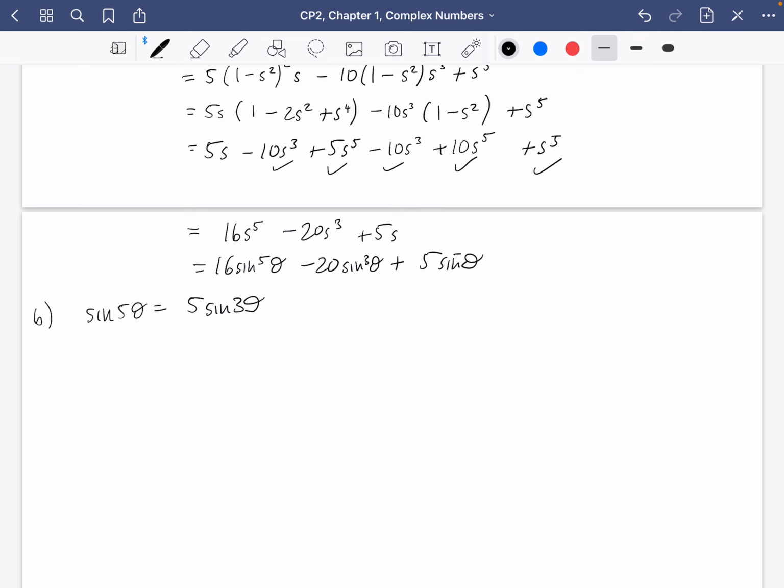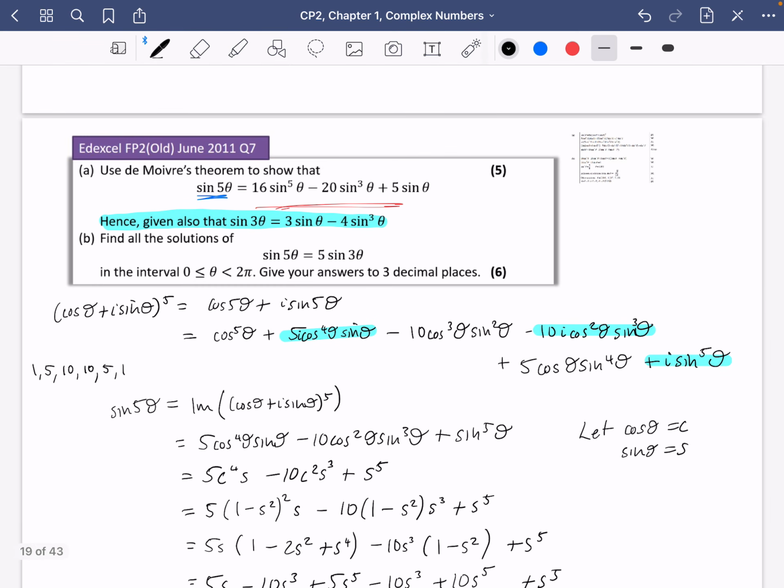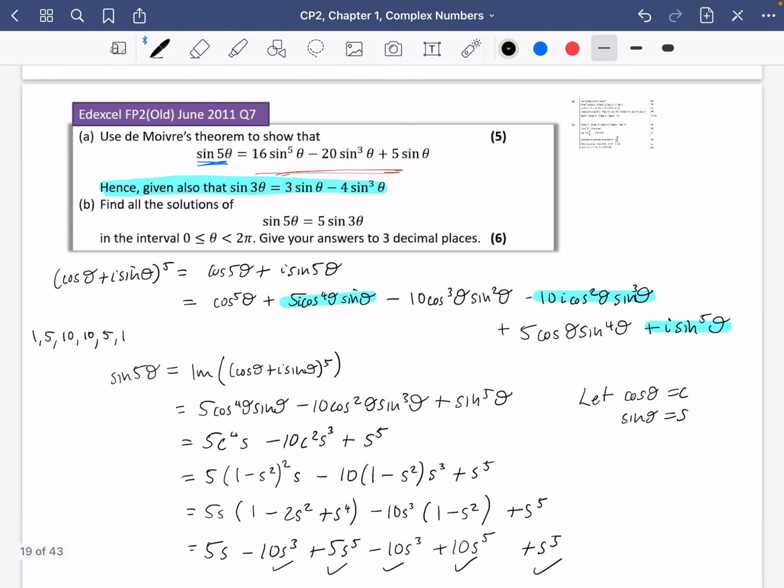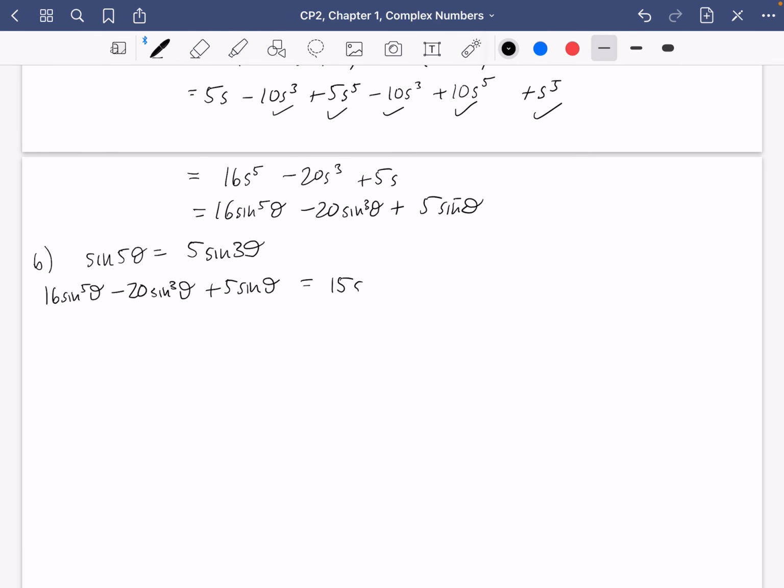So the left-hand side I've just worked out, which is 16 sine to the power of 5 theta minus 20 sine cubed theta plus 5 sine theta. And the right-hand side is 5 multiplied by this bit that I've highlighted in blue. So that's going to be 15 sine theta minus 20 sine cubed theta.